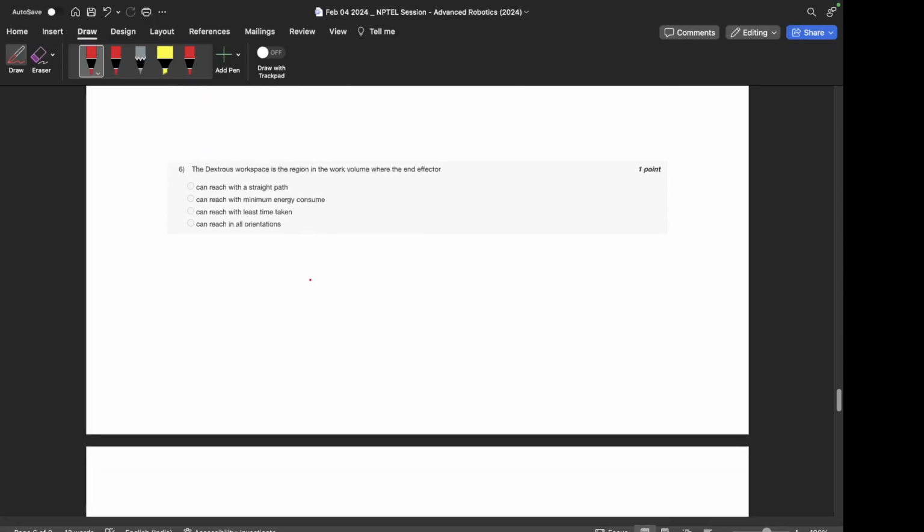The dexterous workspace is the region in the work volume where the end effector can reach in all orientations, right? So the reachable workspace is at least one orientation, and dexterous is in all orientations.